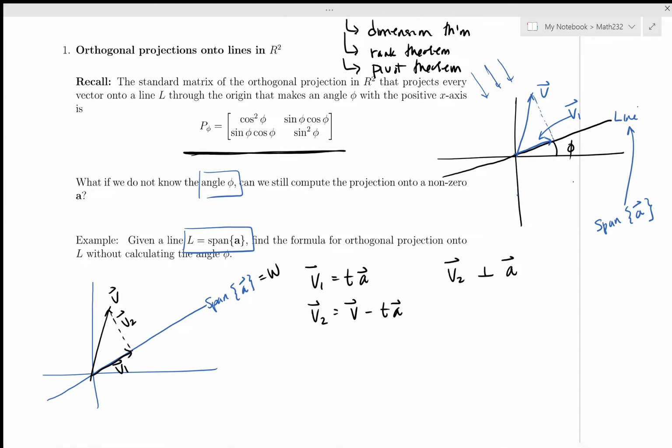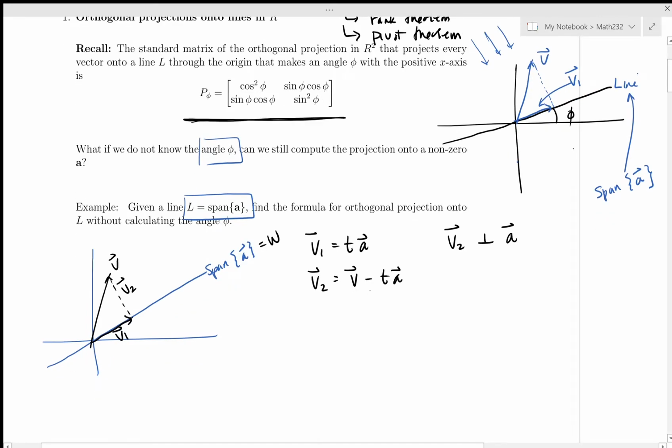Since V2 is orthogonal to A, that means V2 dot A must be equal to 0. That means the dot product of V2 with A is equal to 0.